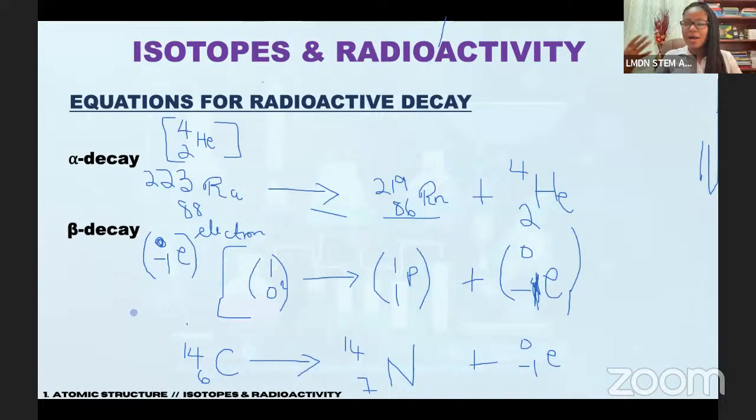And so when you have a helium nuclei getting liberated from your isotope, there's a reduction of the mass number by 4 and the atomic number by 2, right? So that's how we're able to start with this radium element on the left and end up with radon and the 4He2, right?